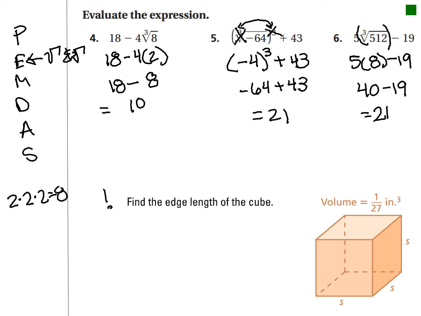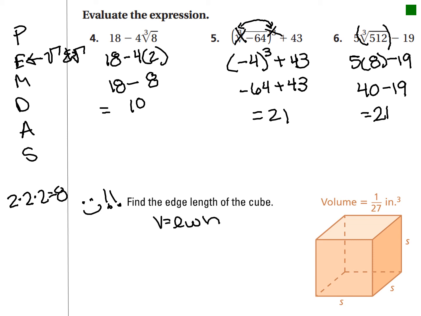Big idea, here's where we all need to get to. This is where I'm really trying to push us to: how to solve using cube roots in equations. So we're given the volume, and remember volume is equal to the length times the width times the height.